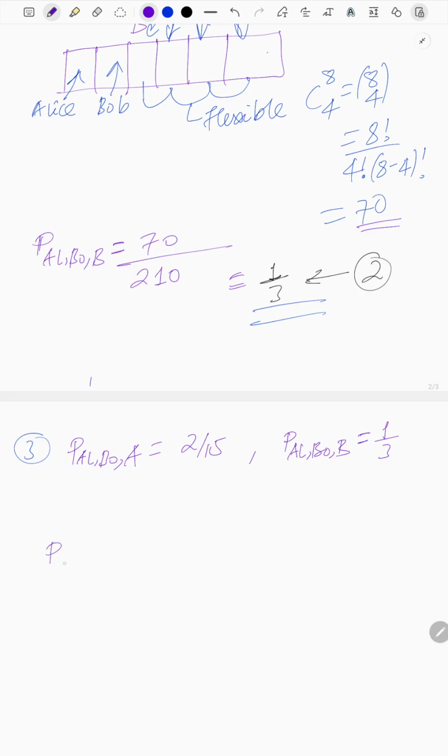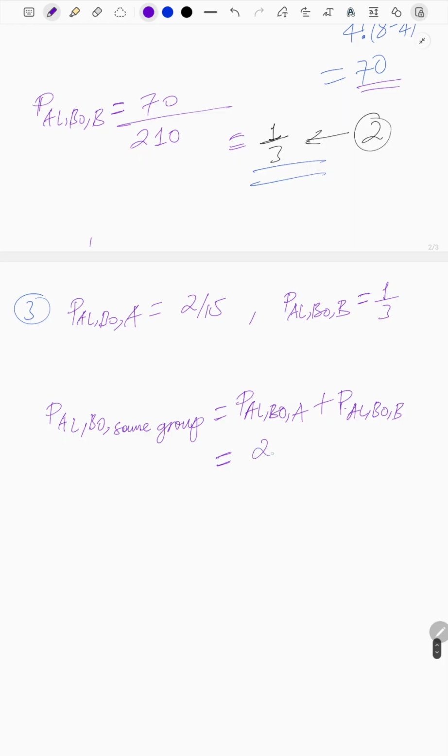So the required probability, the probability of Alice and Bob in the same group, is the probability of Alice and Bob in group A plus the probability of Alice and Bob in group B. Okay, let's add the numbers: 2 over 15 plus 1 over 3. 15 by 15, we have 2, we have 5 here, so it's going to be 7 over 15.